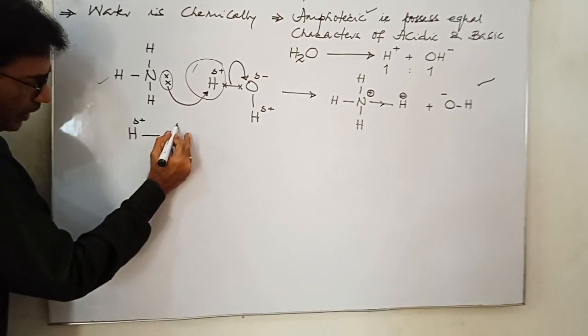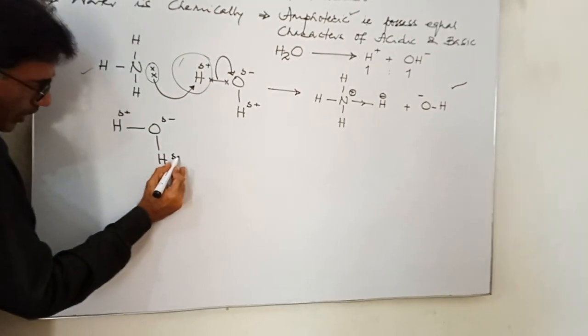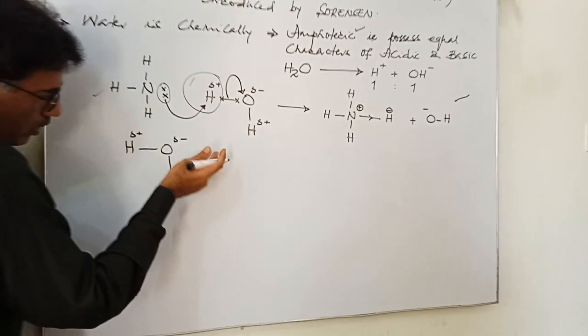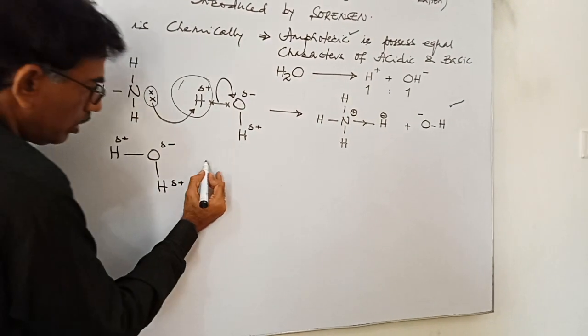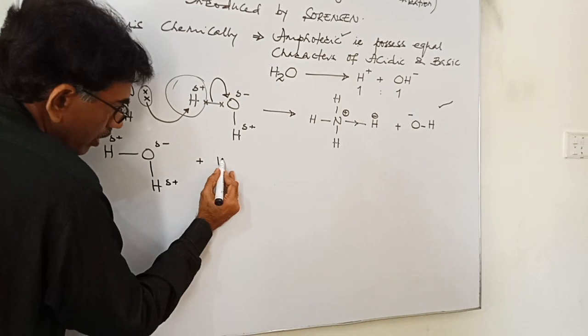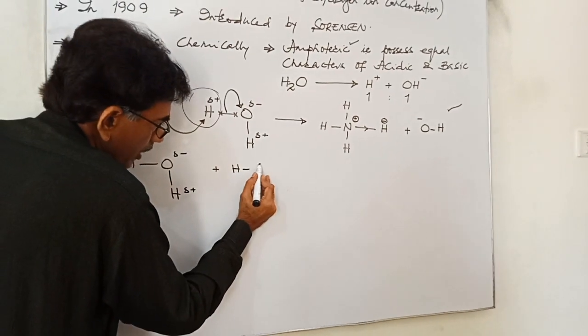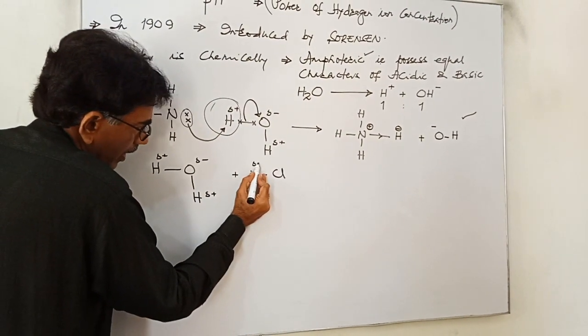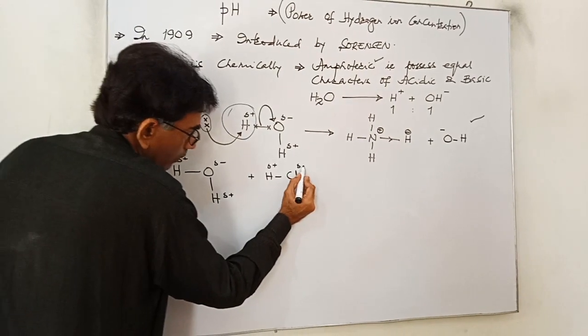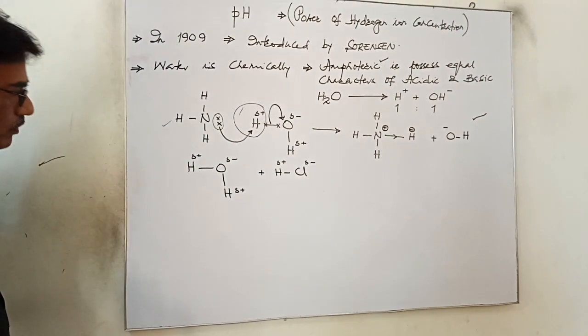Again, the partial characters we have already known, and now if we put hydrochloric acid, another compound like this one, into water, in that hydrochloric acid we also know the characters like this one.